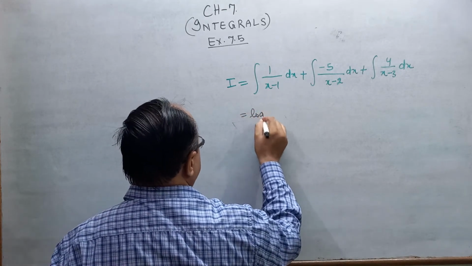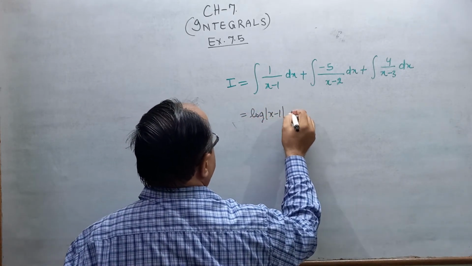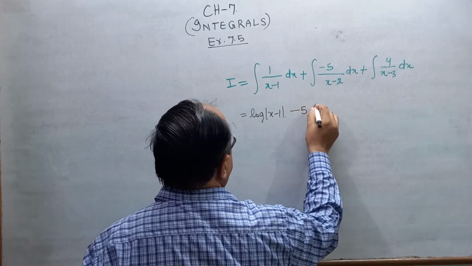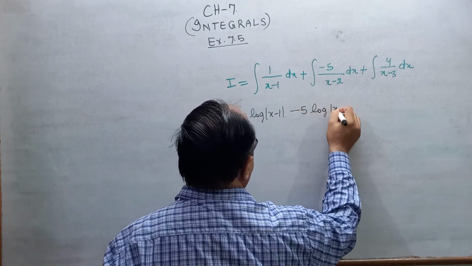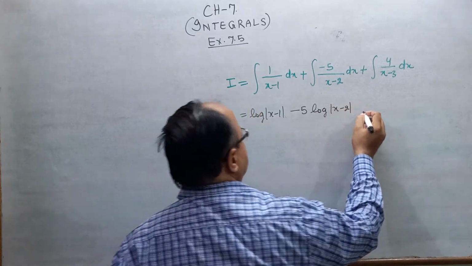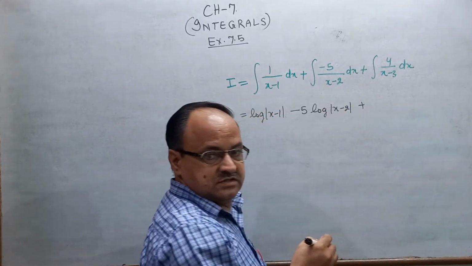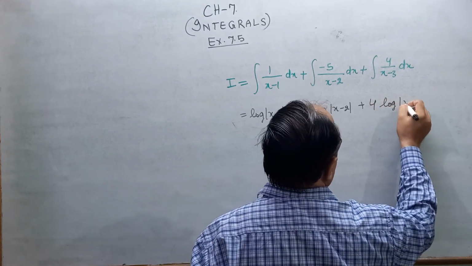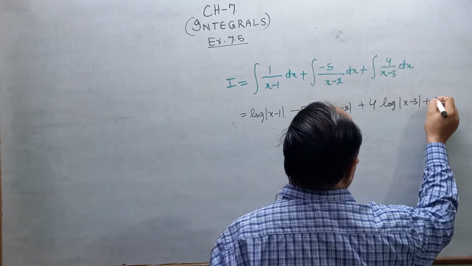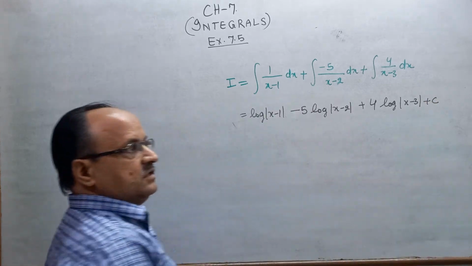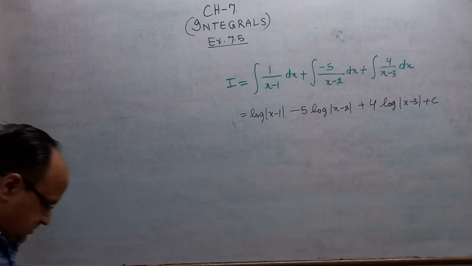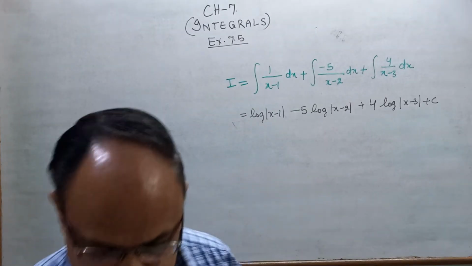That is log of x minus 1, plus minus 5 log of x minus 2, plus 4 log of x minus 3, plus c. This is the answer of this question. Clear?